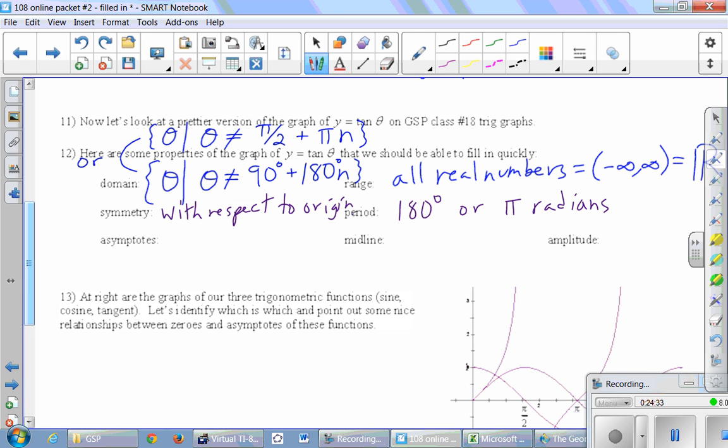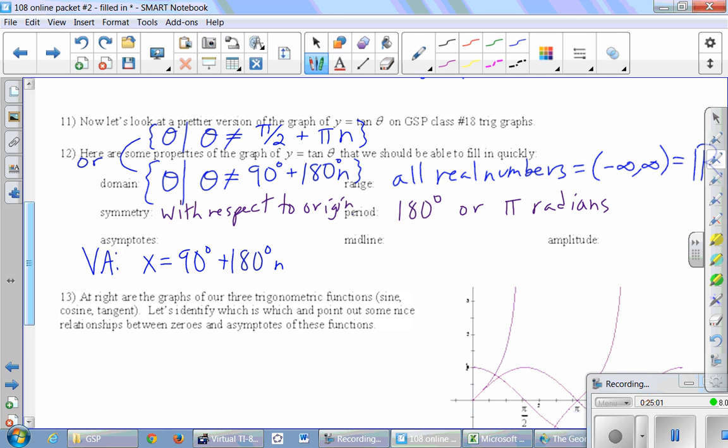Okay, asymptotes. So the vertical asymptotes we've seen occur at, let's see, we had one occurring at x equals 90 degrees, and then they just repeat every 180 degrees. So I'm just going to go ahead and use that same thing we wrote up above, 180n plus the 90. And horizontal asymptotes, there are none. Midline.